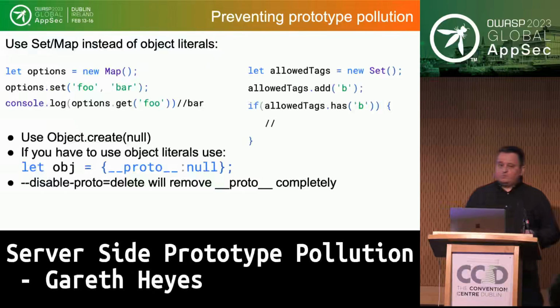This won't prevent prototype pollution because you can still get it with constructor.prototype. However, it's a good defense in depth measure if you're running a Node application. Hopefully there's no packages in your application that use the __proto__ property, and if there isn't, then you can just use this command line flag to disable it.